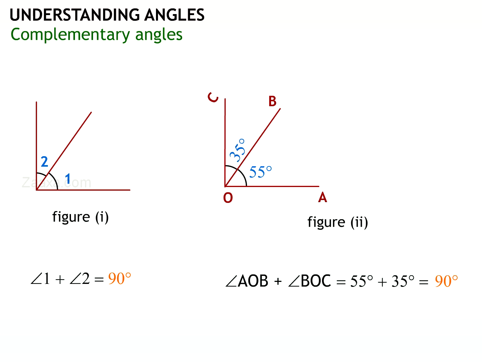Yet, when they are put together, the sum measures 90 degrees. Therefore, both sets of angles are complementary. We also say that one of the angles is the complement of the other.